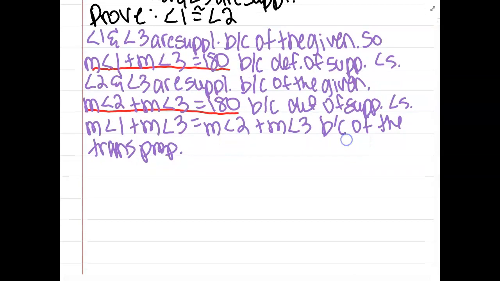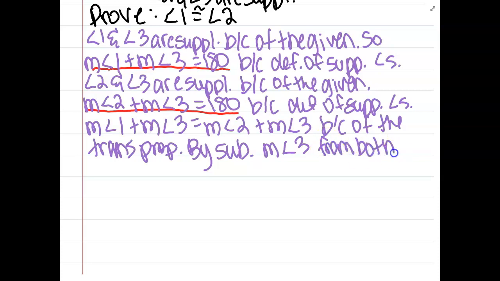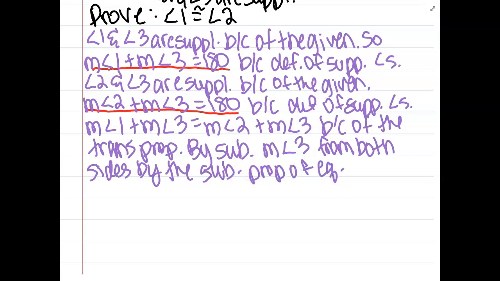So we'll put that in words there by subtracting the measure of angle 3 from both sides by the subtraction property of equality, the measure of angle 1 equals the measure of angle 2.